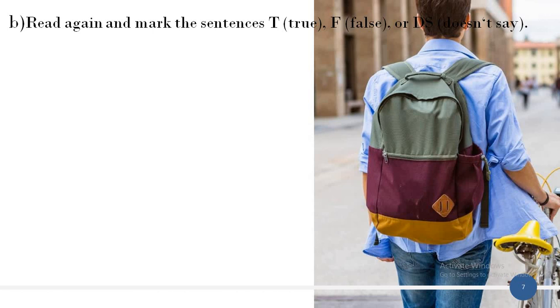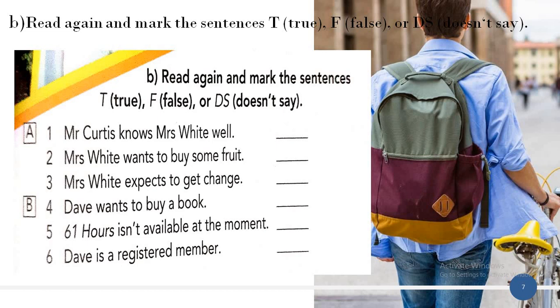B. Read again and mark the sentences true or false or doesn't say. 1. Mr. Koch now Mrs. White well. True or false? Think about the answer. 2. Mrs. White wants to buy some fruit. 3.